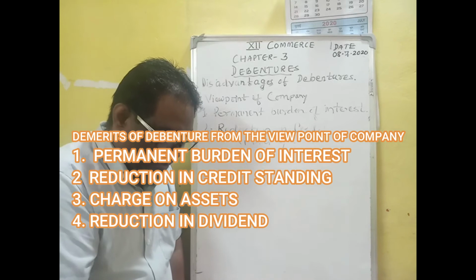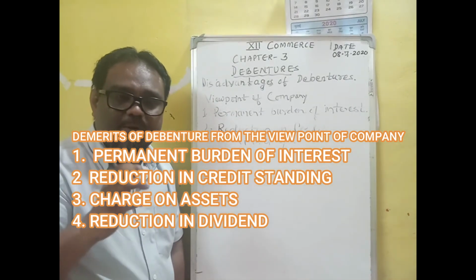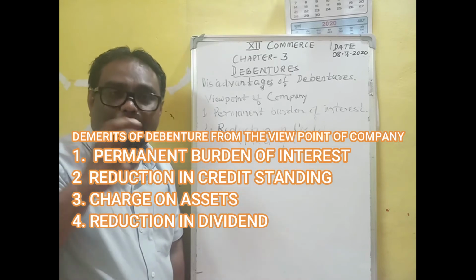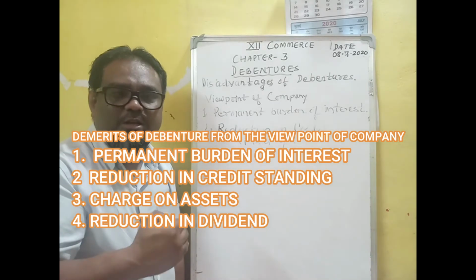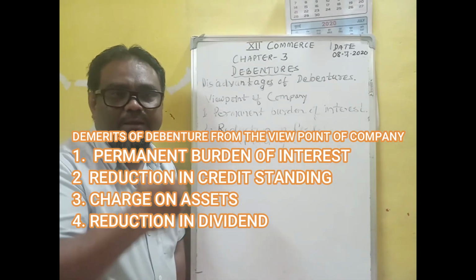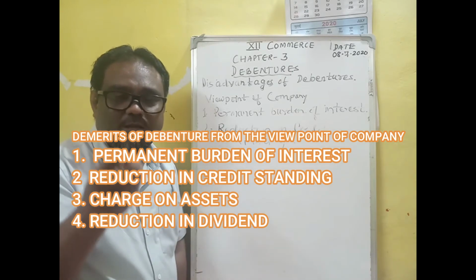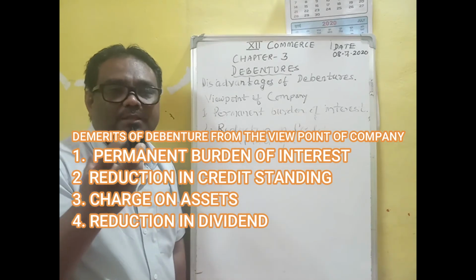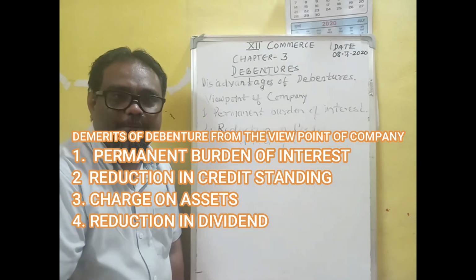Reduction in dividend. During the time of low earning, when the company is earning less money, less profit, the company has to pay a fixed rate of interest to the debenture holders. First, the company has to pay interest on debenture. Whatever amount is left after paying the interest on debenture, that is the distributable profit.